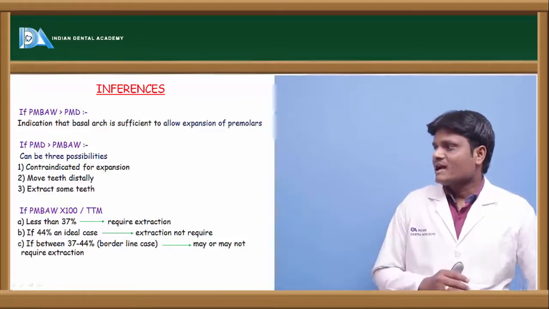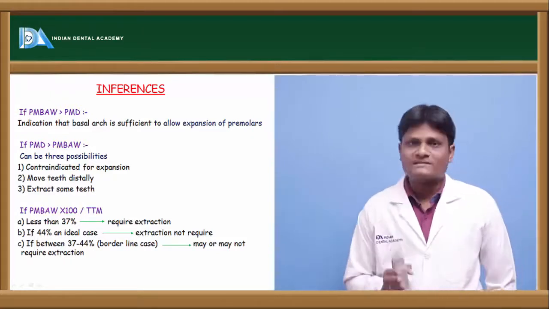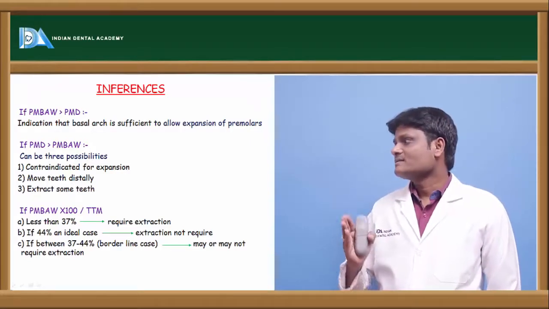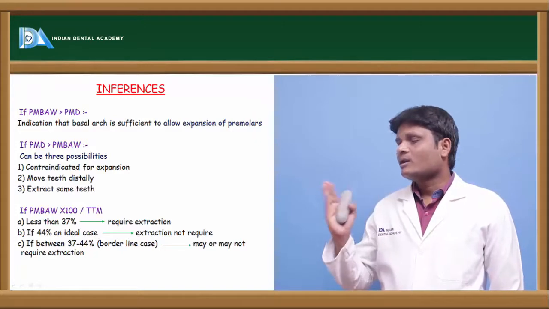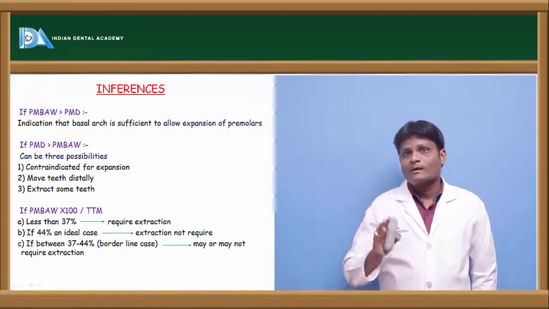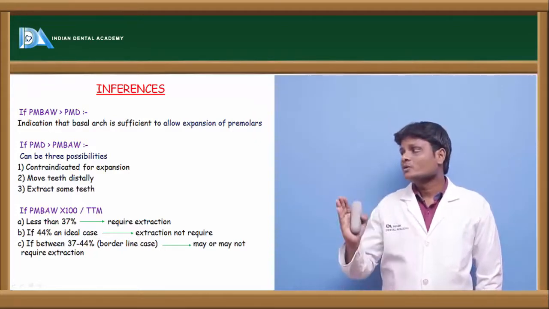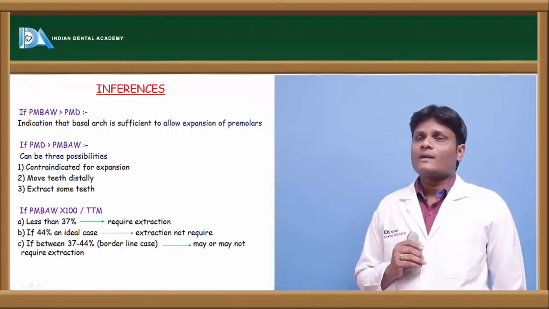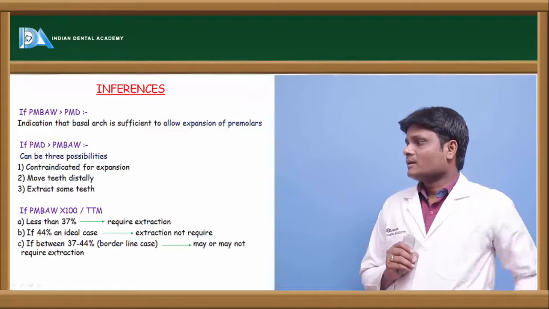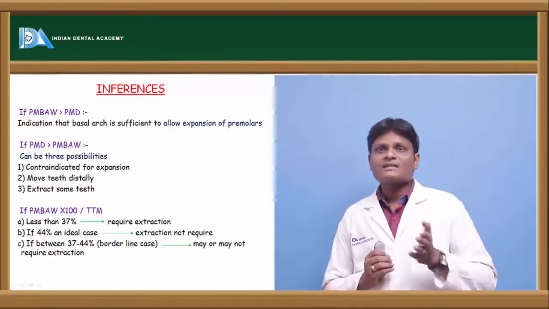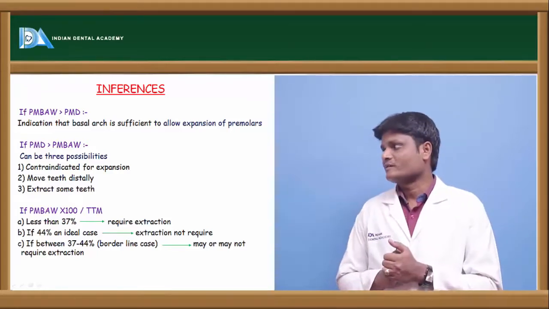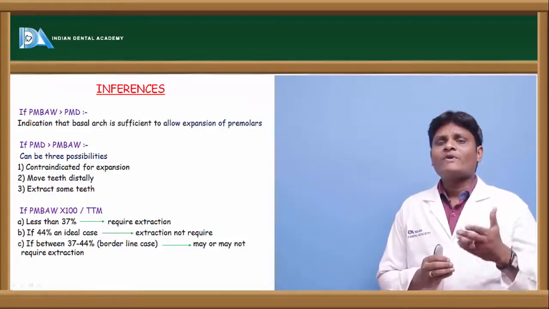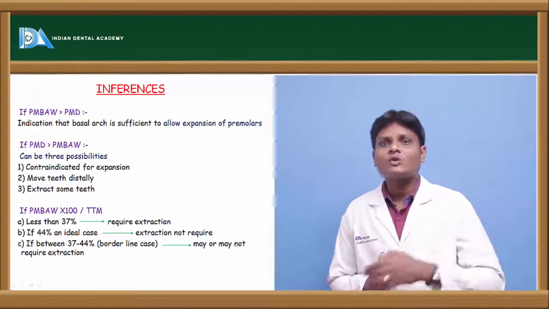If premolar basal arch width is 44%, then the case is said to be an ideal case, or a borderline case where we need not go for extraction. Now, if the basal arch width is between 37 and 44%, it's a borderline case, and we may or may not go for expansion.